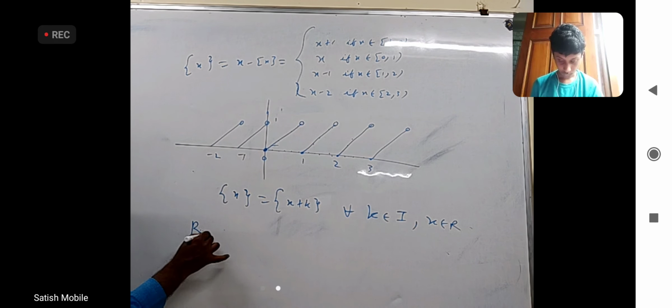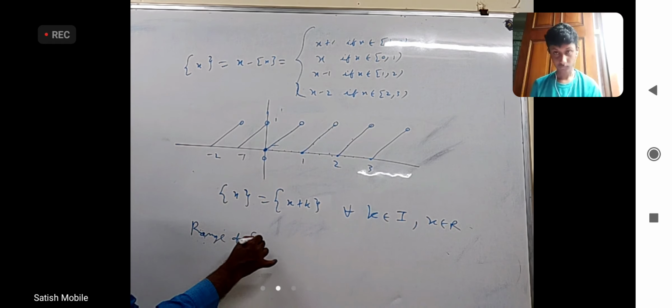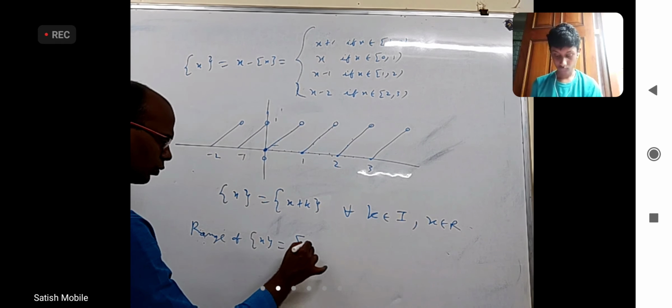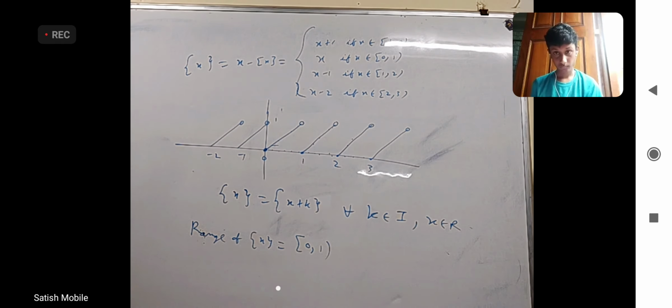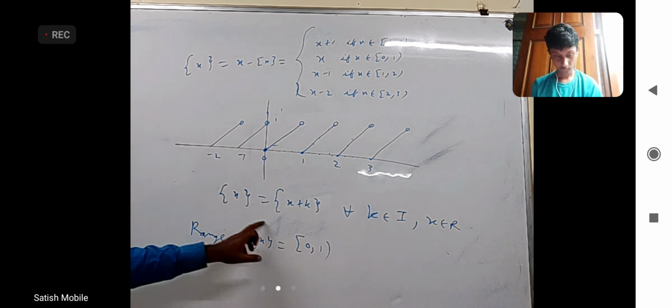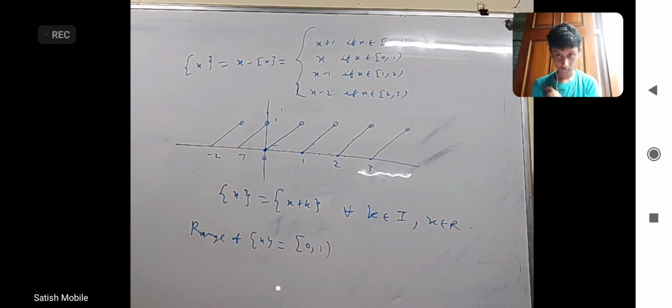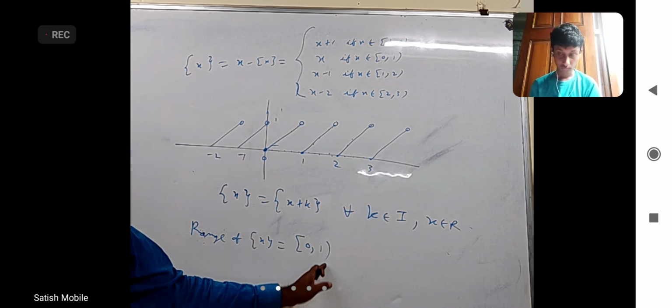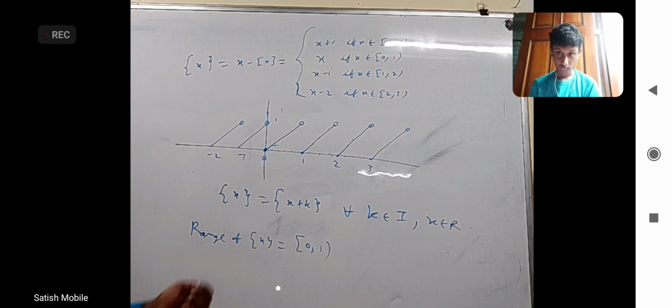The range of fractional part of x is closed 0 to open 1. Whatever x you substitute, the answer will be in this range. It cannot be 1 or beyond that, or negative, because we are talking about the decimal part. Decimal part means 0.1 or 0.8 or 0.999. Maximum will be open 1. It cannot be 1 or beyond that.